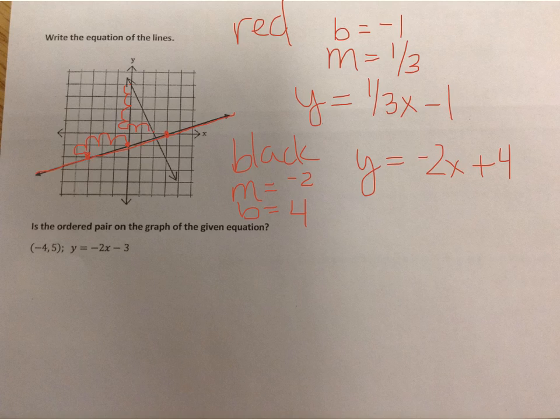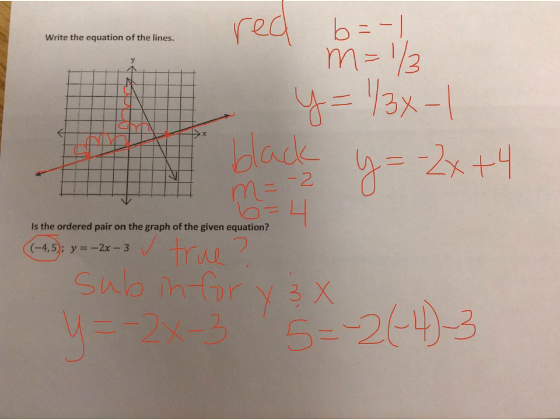The next question is, is the ordered pair on the graph of the given equation? Meaning, does this ordered pair make this true? So all we do is we sub in for x and y. So instead of having y equals negative 2x minus 3, I'm going to write 5 equals negative 2 times negative 4 minus 3.